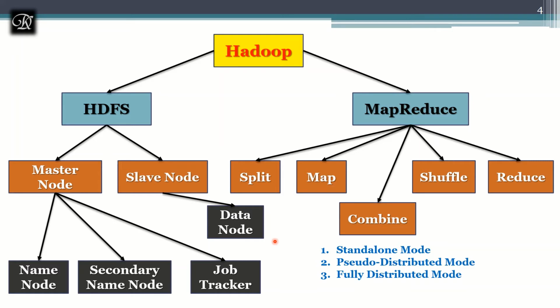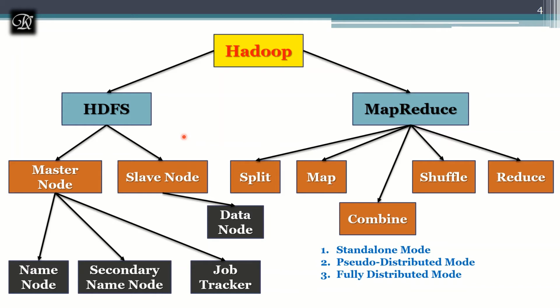When it comes to standalone mode, what happens? In standalone mode, you use all services, in the sense name node, secondary name node, job tracker, and data node, all running on a single Java virtual machine. Why a Java virtual machine? I have already answered this: because Hadoop is designed in pure Java.